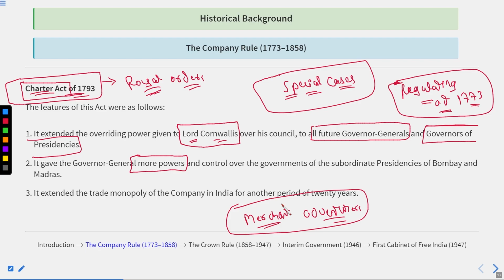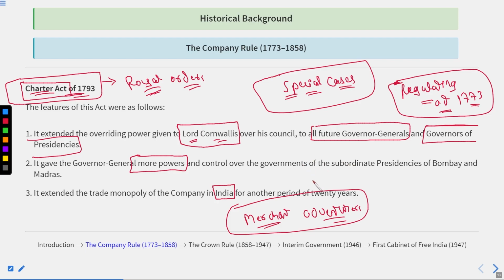Thereafter, the East India Company was formed through the royal orders of Queen Elizabeth I, and the company was granted the monopoly over Indian trade. It means that no one from Britain except the East India Company was allowed to trade with India. So that established the monopoly of the East India Company in trading with India.